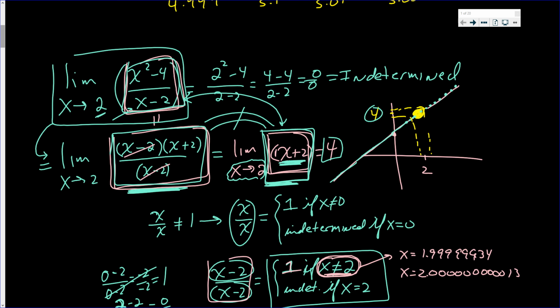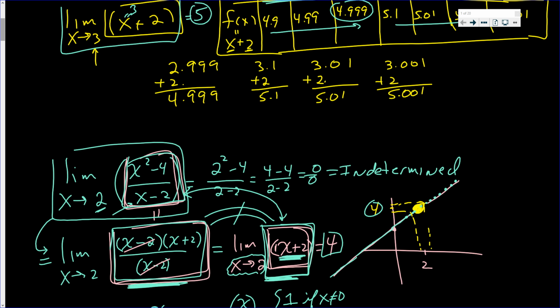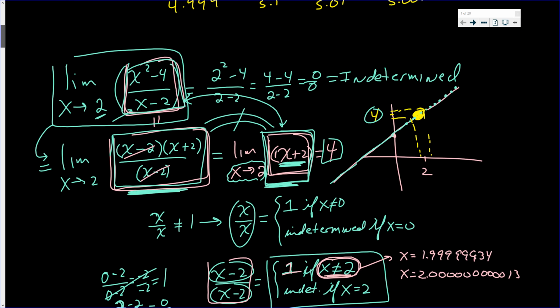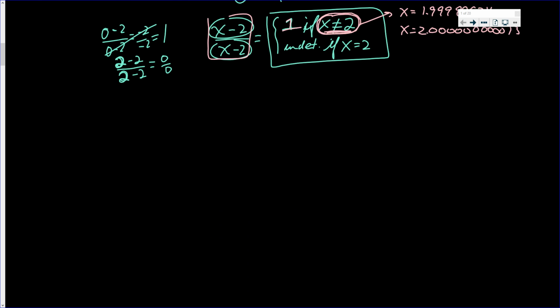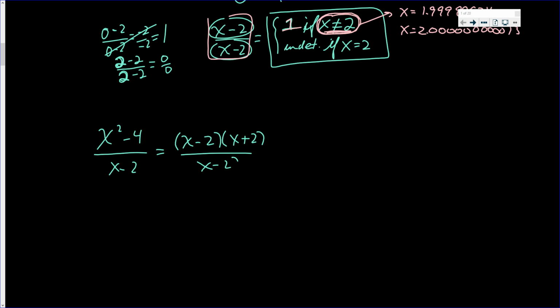Now, I just want to show you that what I'm saying is really true. If only this thing would scroll down. So what do we have? We have x squared minus 4 over x minus 2, which is x minus 2 times x plus 2 over x minus 2.